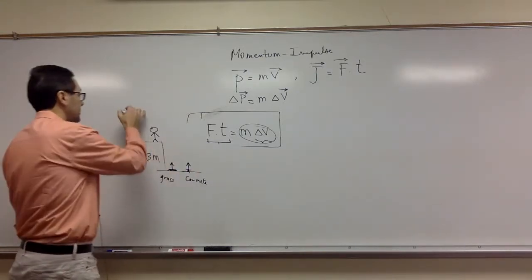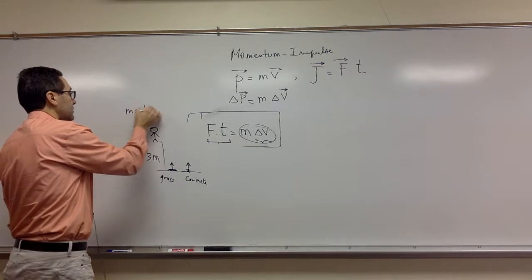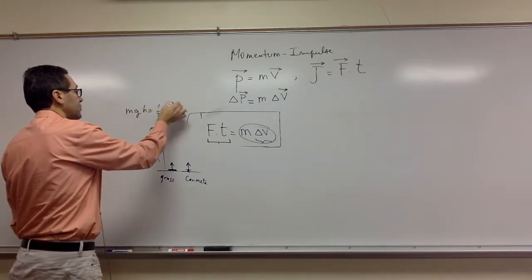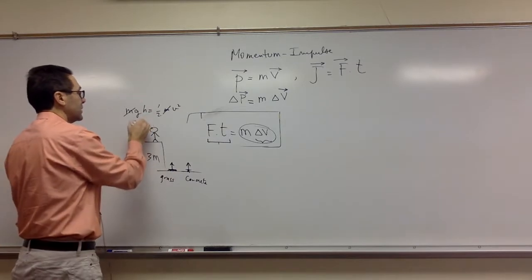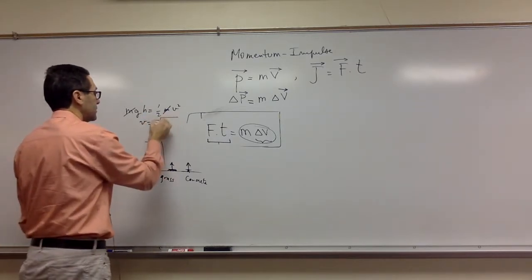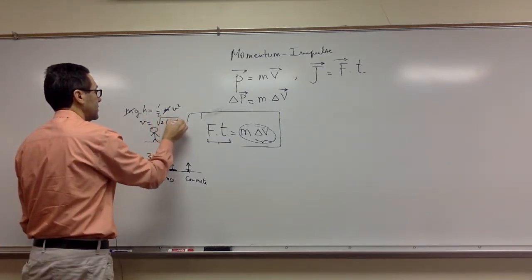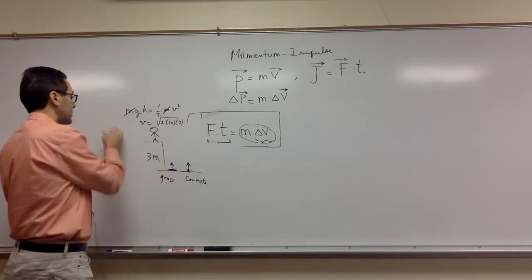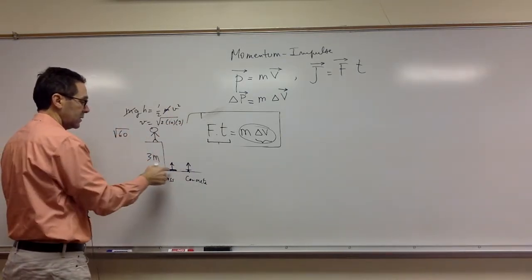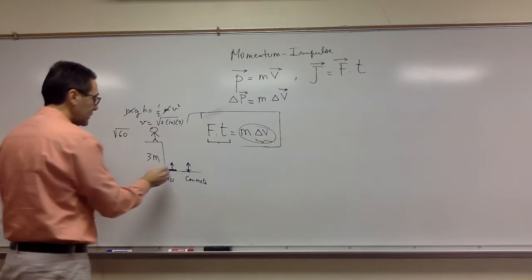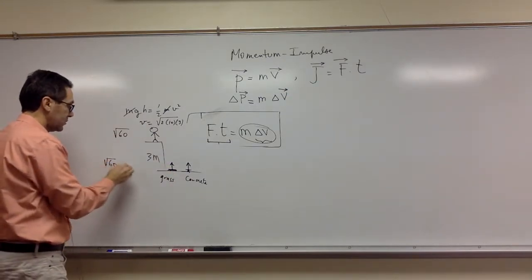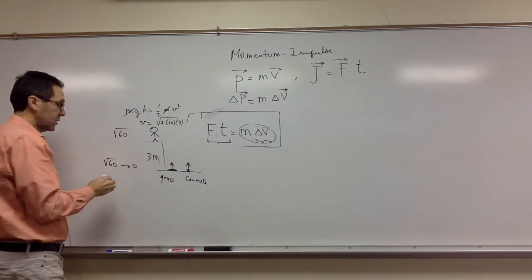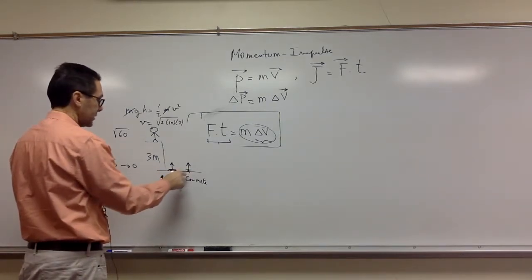I can do mgh is half mv squared. So we don't care about the mass of this person. So we can say that v is equal to radical 2 times 10 times 3. So what is that going to be? It's a radical 60. So here you're going to go from radical 60 to 0. That's the change. While here you're also going to go from radical 60 to 0.